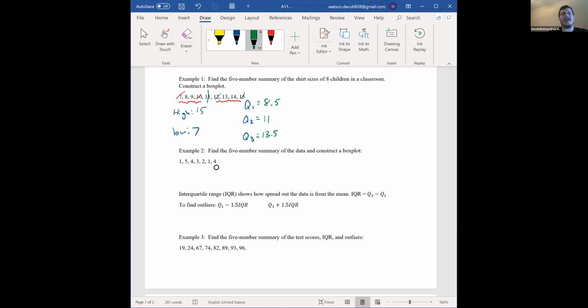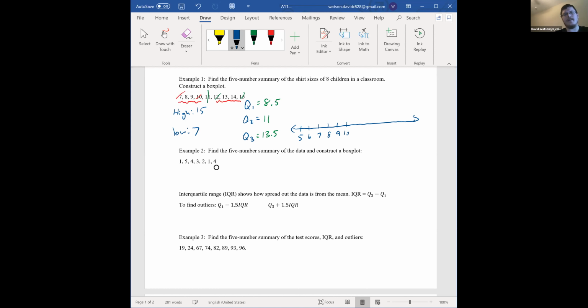All right, that's our 5-number summary. Those are the 5 values we need. So now we can do a box plot. All right. So first we're just going to do a number line. So I'm going to start down here at like 5, 6, 7, 8.